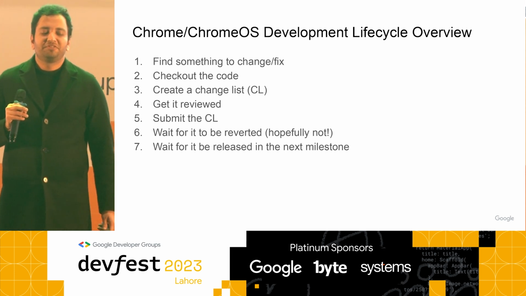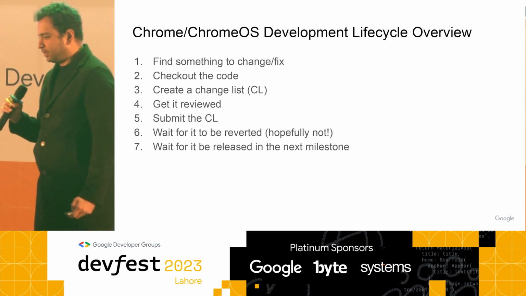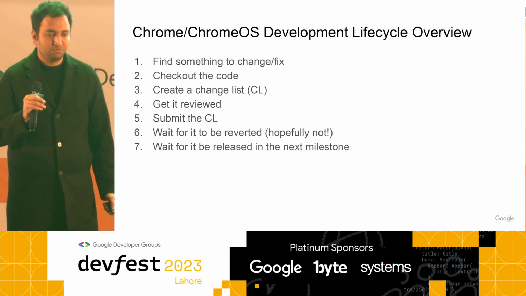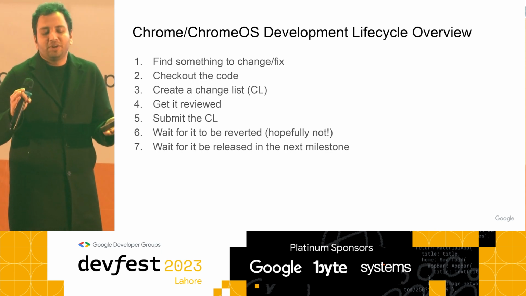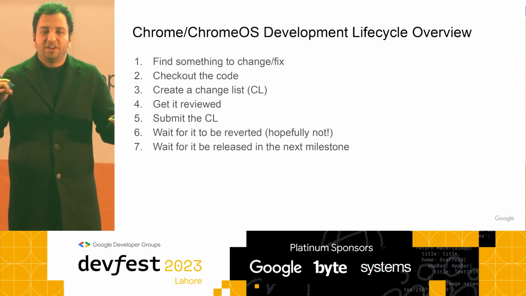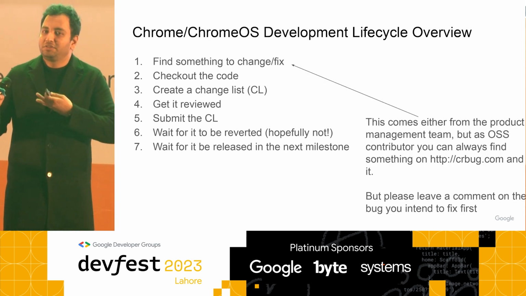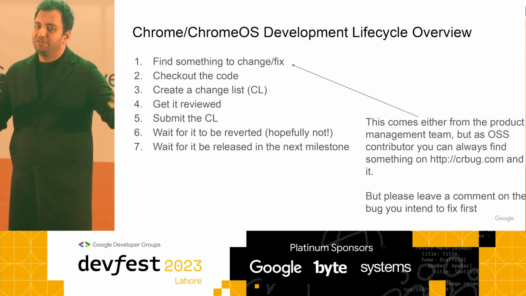Find something to fix. Okay, how do you find something to fix? Is something broken? No. Usually, at least internally, we have the product management team. They will tell us what the priorities are, and we will work on features or bug fixes.